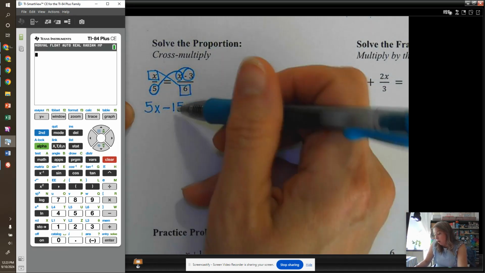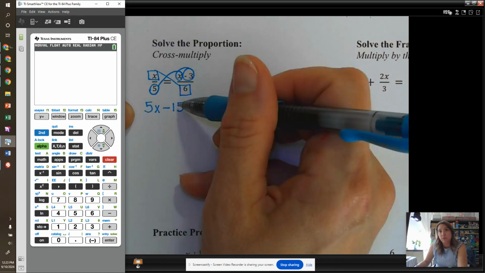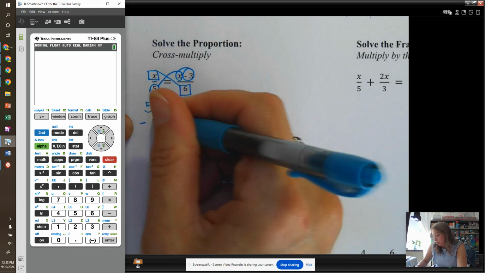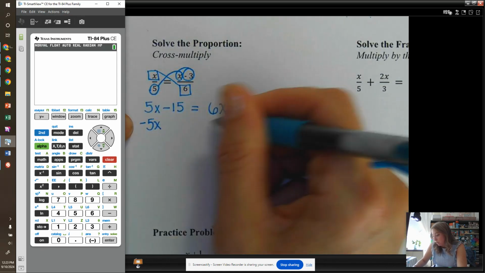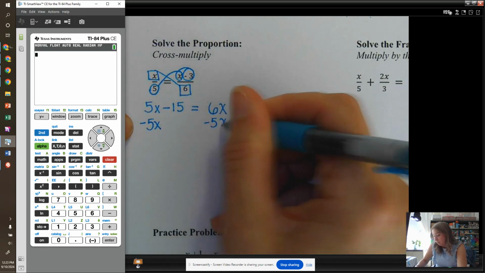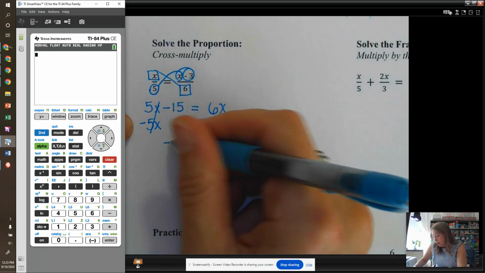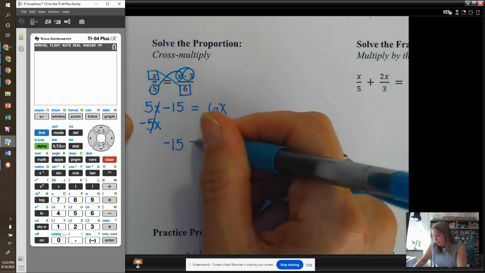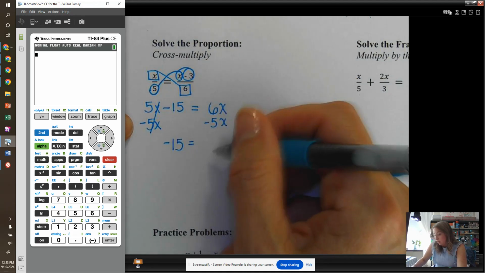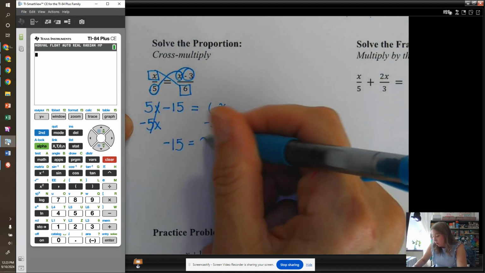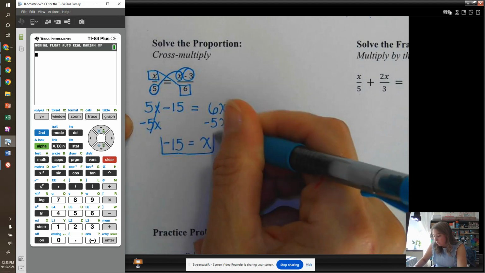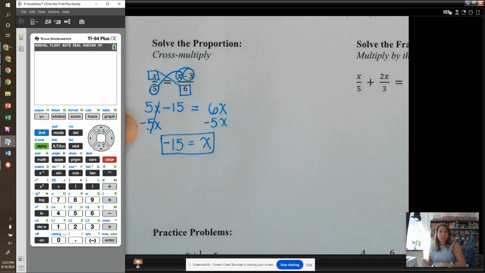So since we have all our numbers right here in this -15, that would mean let's subtract that 5x from both sides of the equal sign. So subtract that 5x over, I'm left with -15 equals 6x minus 5x, or 1x, or just x, all by itself, and I am done. X equals -15.